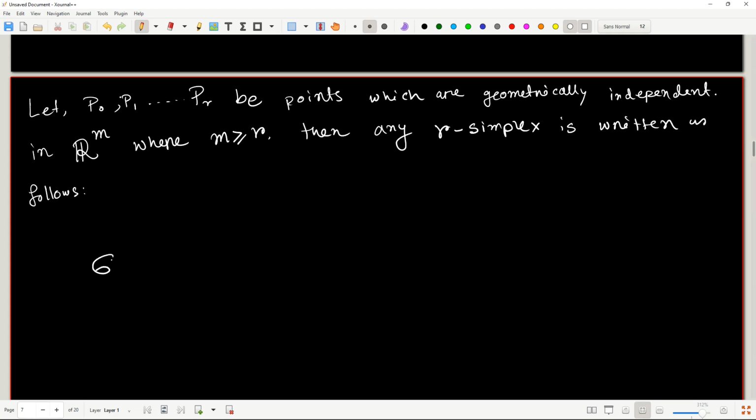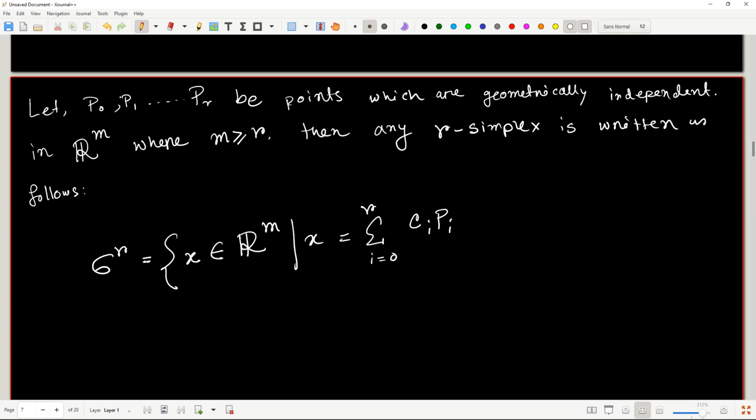We denote the r-simplex with sigma_r, and this is written as some small x that belongs to R^m, where x itself is given by a summation, that is a linear sum, sum of c_i p_i, with c_i equal to or greater than 0, such that the sum of the c_i's, or the coefficients, is equal to 1.